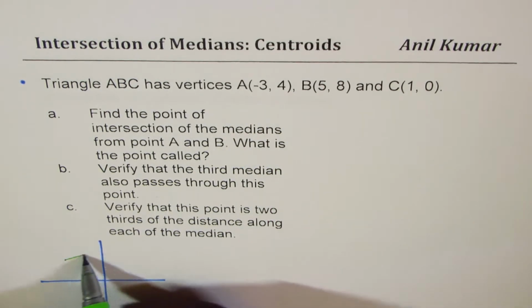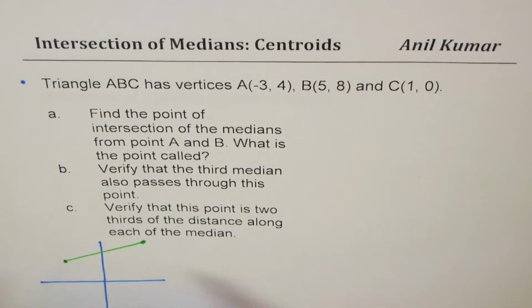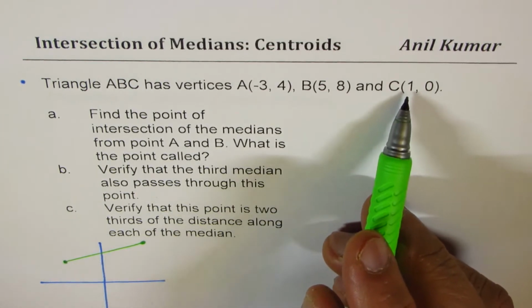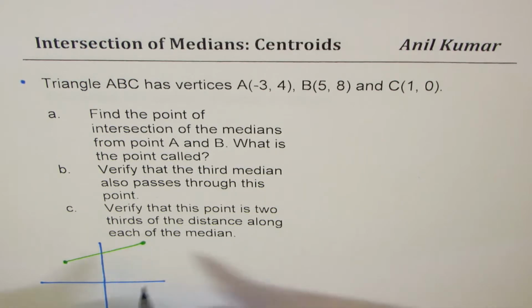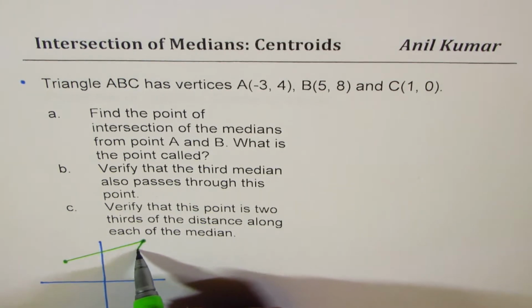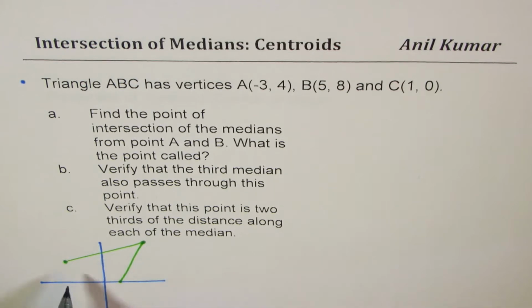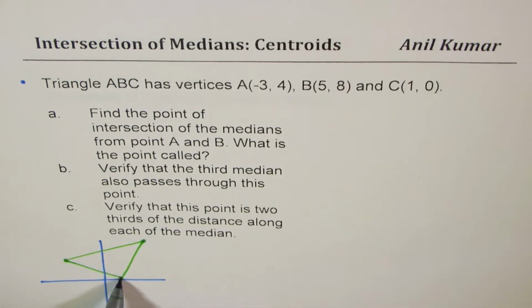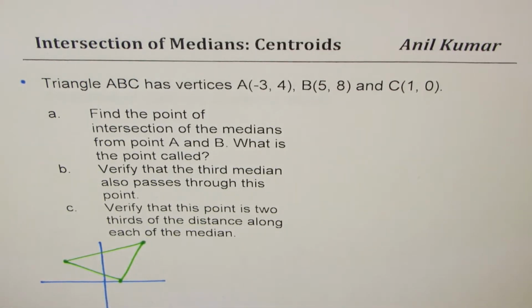And C is (1, 0), which means on the x-axis, somewhere here. So let's say the triangle formed is like this.